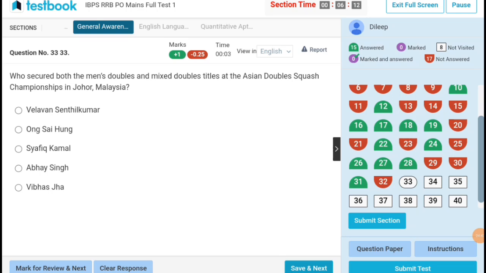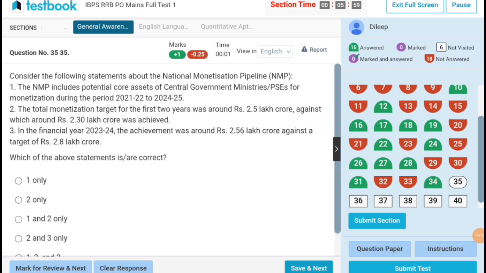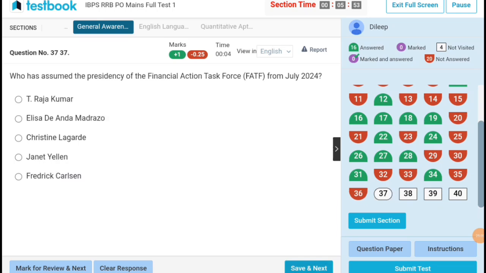Who secured both men's doubles? Malaysia. India's global ranking 6th. Bilateral trade of India and Russia achieve. Who has assumed the presidency of the Financial Action Task Force?